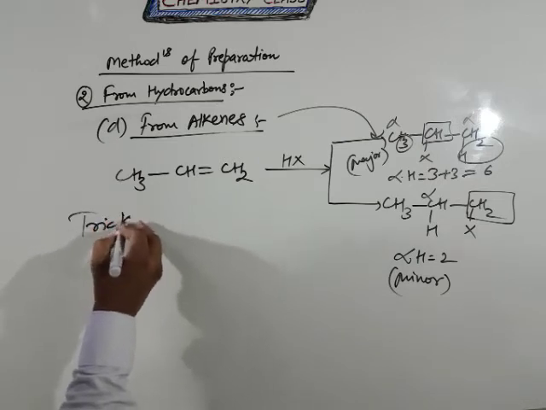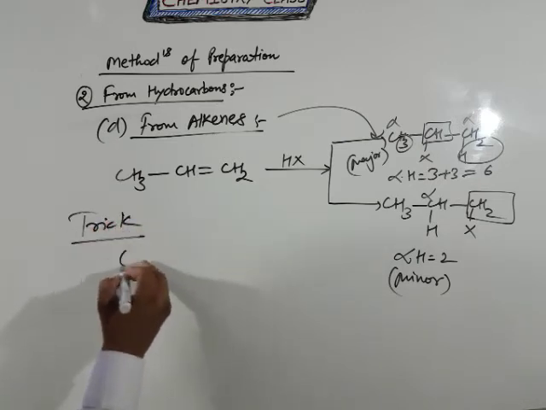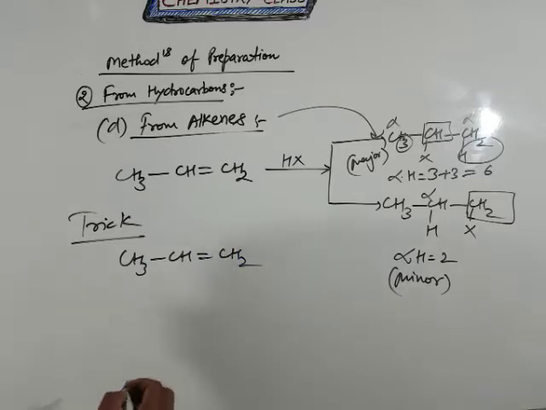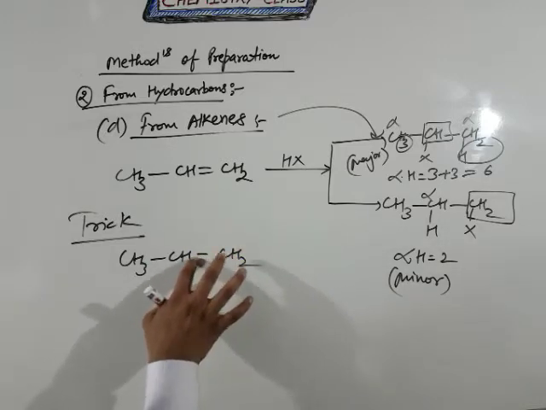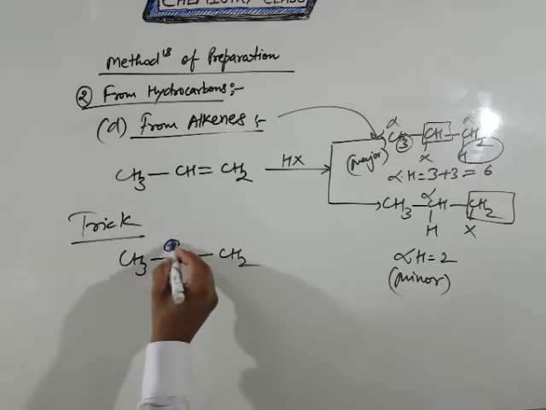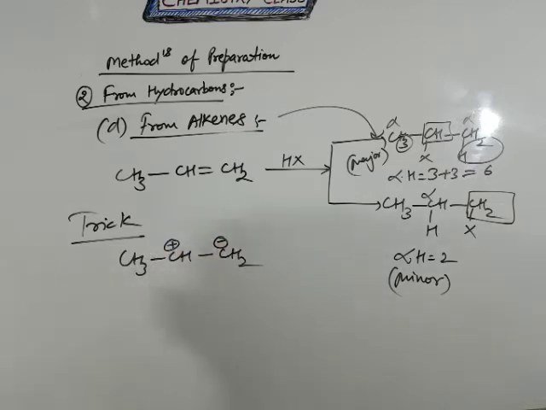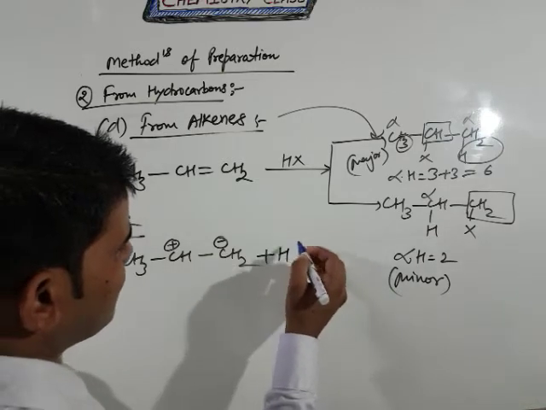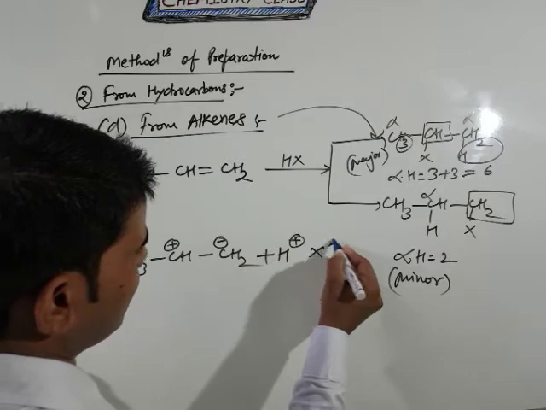You can see here, in this example CH3 single bond CH double bond CH2, first you break this bond. Take this end as positive and this end as negative. You add HX, that means H plus and X minus.